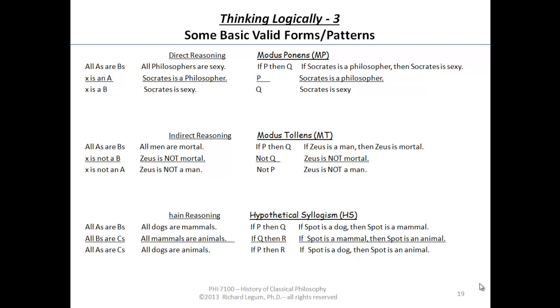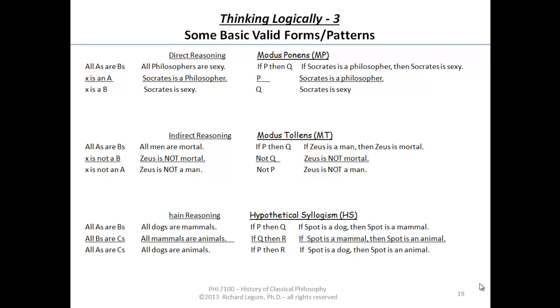And in the if-then case, the chain reasoning is called hypothetical syllogism. A syllogism is just an inference with two premises and a conclusion, and syllogism became famous because Aristotle was the first philosopher to start codifying logic, making a code out of it, and he would talk about all of the syllogisms.